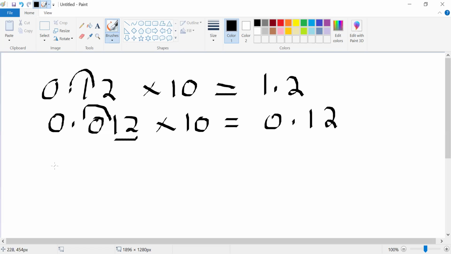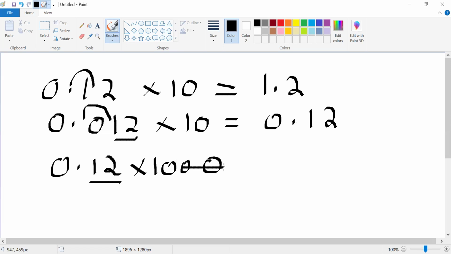If it is 0.12 into 1000, 2 decimal places and 2 zeros cancel, so it will become 120. This is how we will multiply decimals.